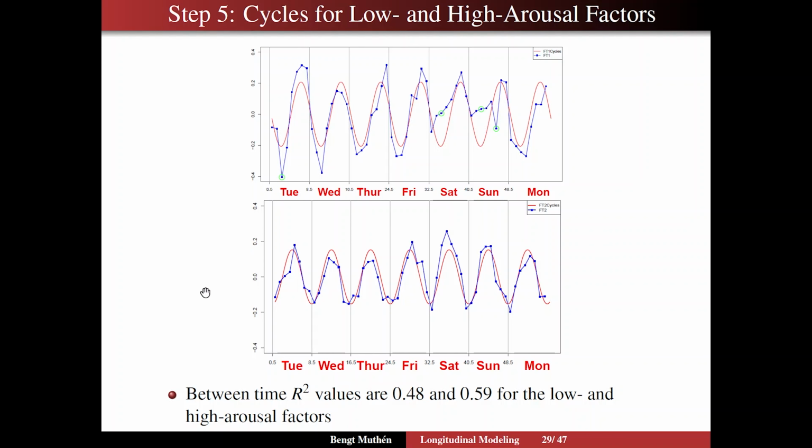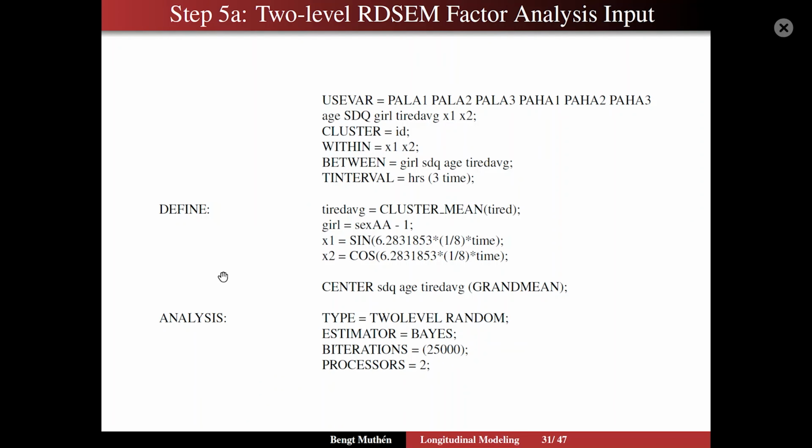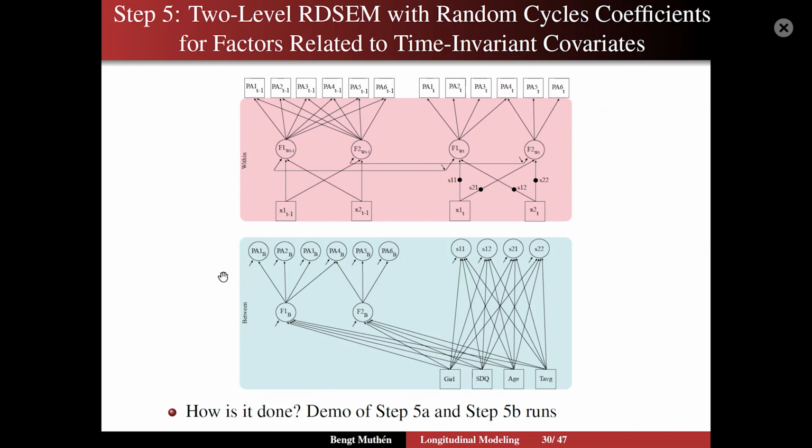Now, how is this done? How do we get here? Well, let's take a look at slide 30, which looks quite complex at first glance, but let's go through it slowly. So we're in the setting of two-leveled DSEM with random cycles coefficients and factors related to time invariant covariates.